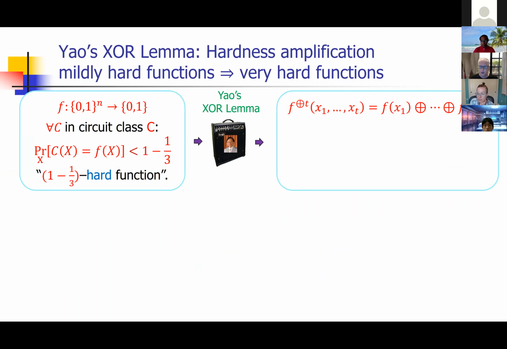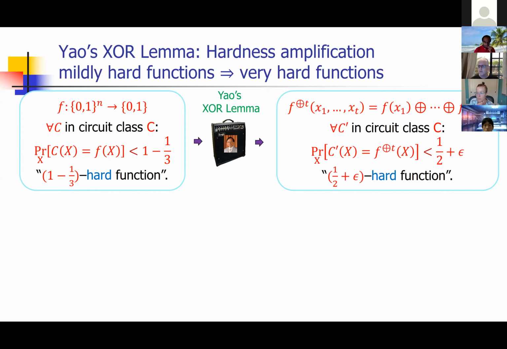So we started from a 1 minus 1/3 hard function, and we got a half plus epsilon hard function. The precise statement of the lemma, for example for p/poly, is that for every function f, if t is slightly more than log n, then for every constant c, we can get a half plus epsilon hard function for epsilon which is 1 over n to the c.